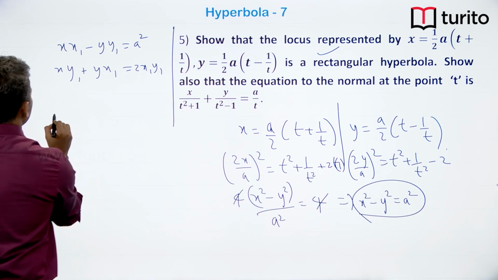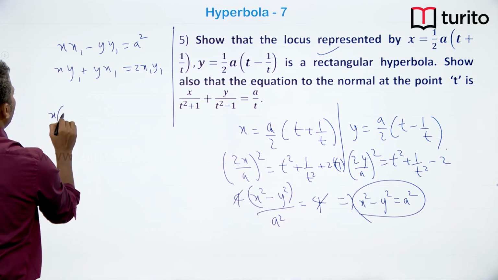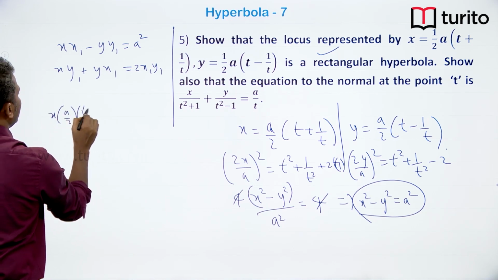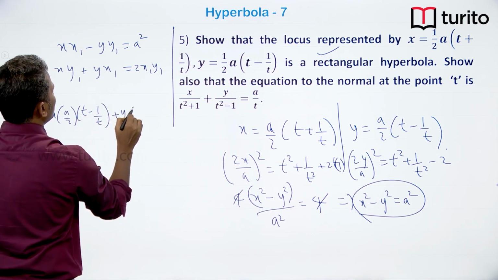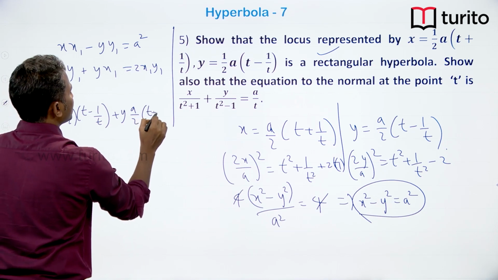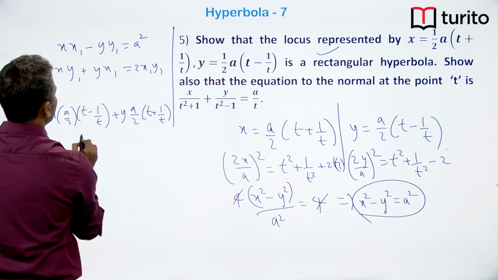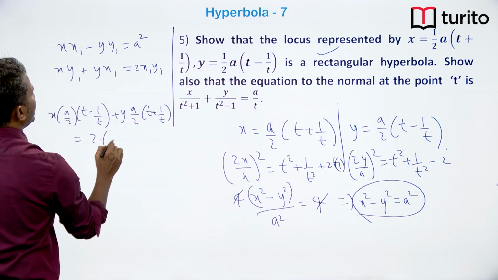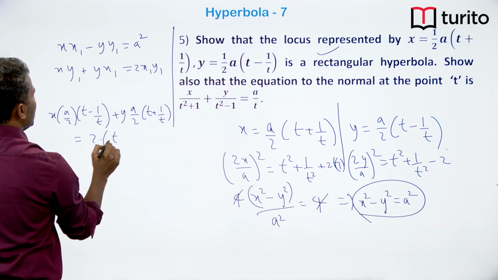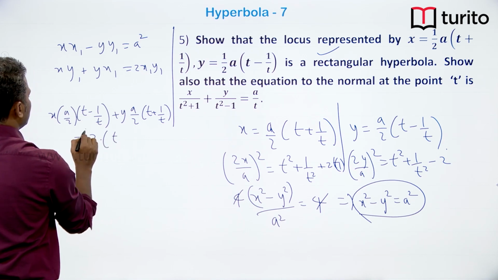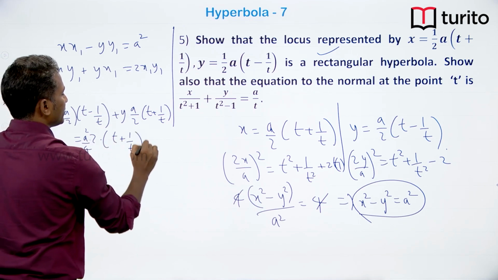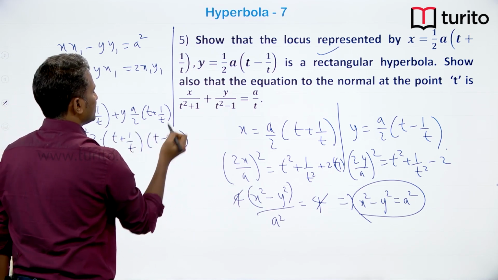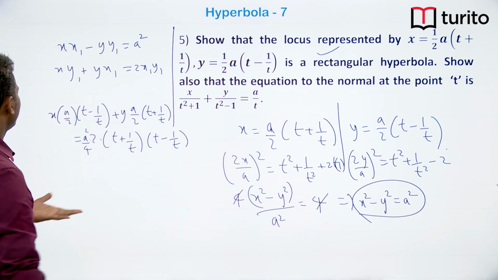Now, just put the point here. So, what is the point? x into a by 2 into t minus 1 by t plus y into a by 2 into t plus 1 by t is equal to 2 into a square by 4 into t minus 1 by t, t plus 1 by t. We just have to simplify this.